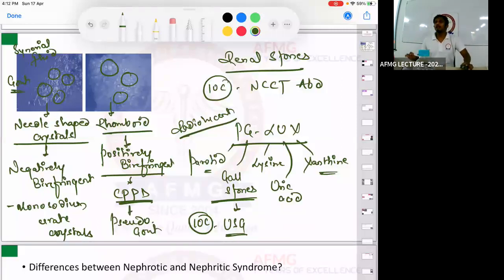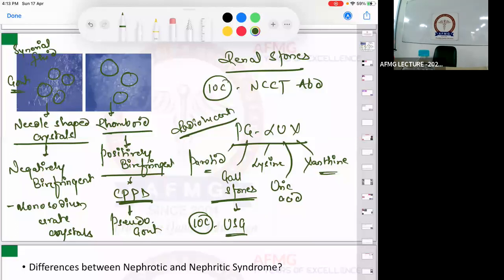Okay, understood? So please remember, if a patient comes to you with joint inflammation, maybe first metatarsophalangeal joint inflammation, I will perform a joint aspiration and send the synovial fluid for examination. On microscopy, if I see needle-shaped crystals, they are likely gout, negatively birefringent, and monosodium urate crystals.